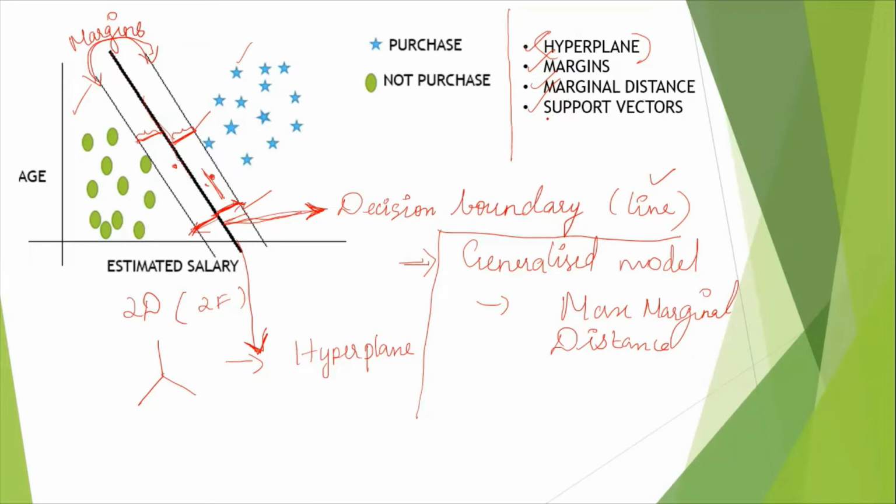Next, what are support vectors? This is the main important thing on which our support vector machine, that is SVM, is formed. Let me erase all this.